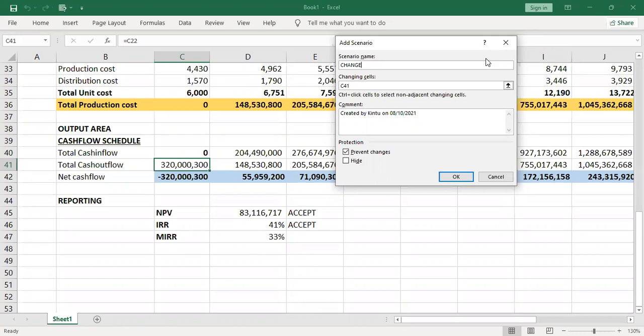Scenario name: what is your decision if the inflation rate changes, so the scenario name is change in inflation.